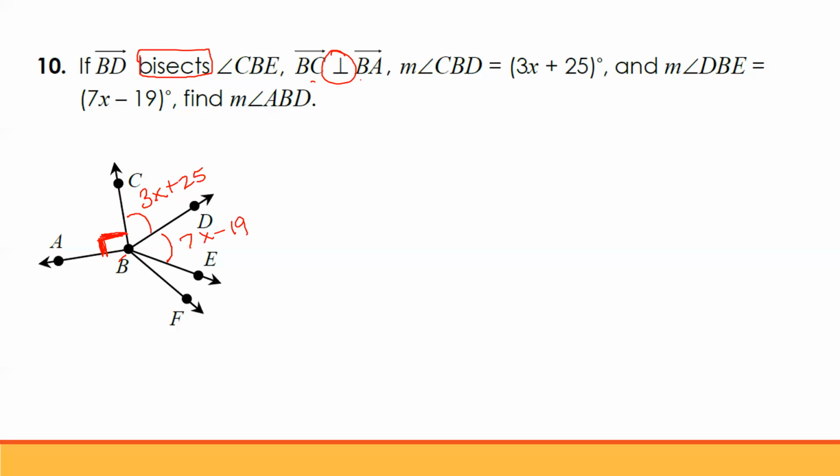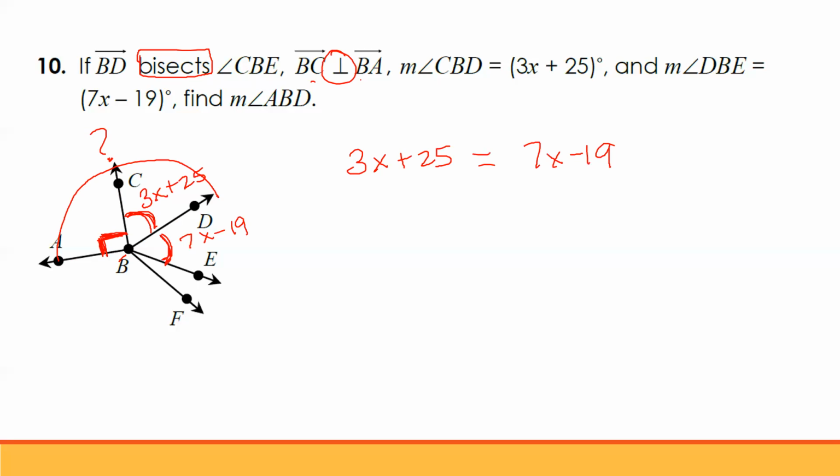Find the measure of angle ABD. We're going to find this guy. Okay, now knowing that this angle right here is congruent to this one, congruent means the measures are the same. So I can say that this expression and this expression have to be equal since those angles are congruent.